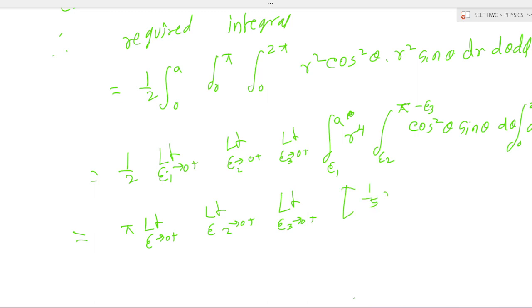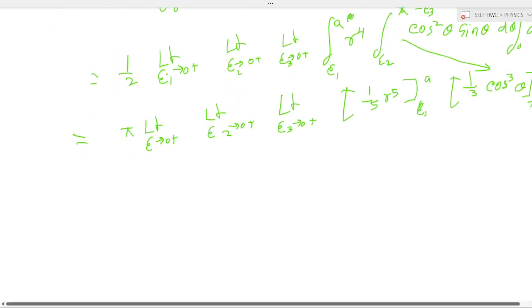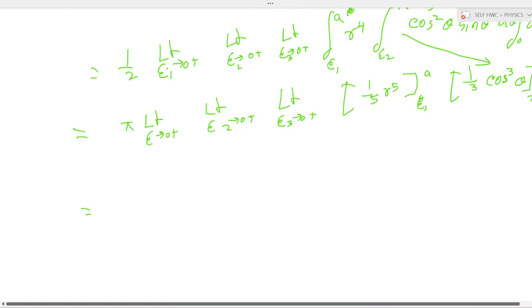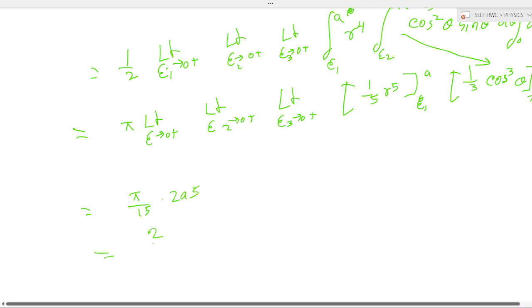So 1 by 5 into r to the power 5 from epsilon 1 to a, and 1 by 3 into cos cube theta from pi minus epsilon 3 to epsilon 2. Put in the limit values, and it is equal to pi by 15 into 2 a to the power 5, which is 2 by 15 pi a to the power 5. This is proved.